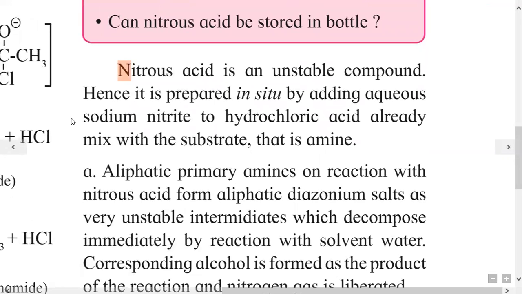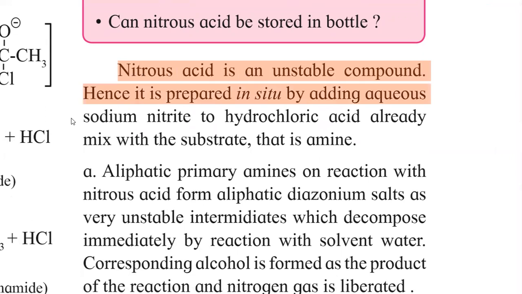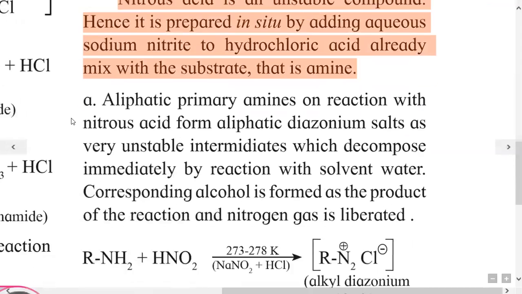So nitrous acid is an unstable compound, hence it is prepared in situ by adding aqueous sodium nitrite in hydrochloric acid already mixed with the substrate, that is the amine.